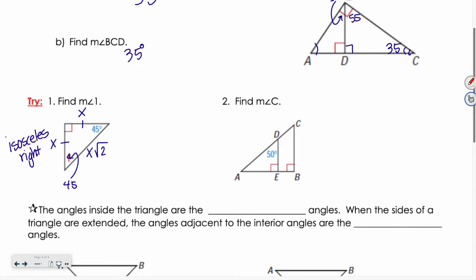All right, go to number 2 and find the measure of angle C on number 2.